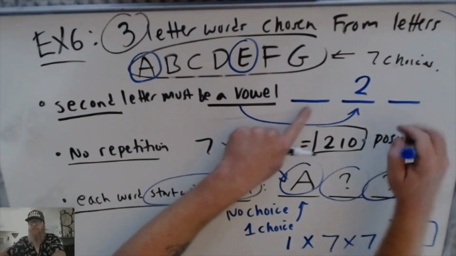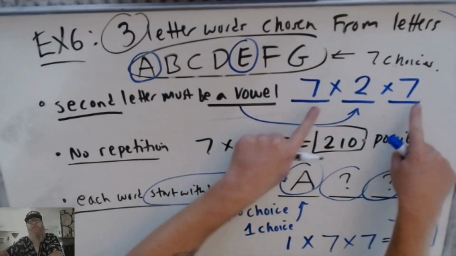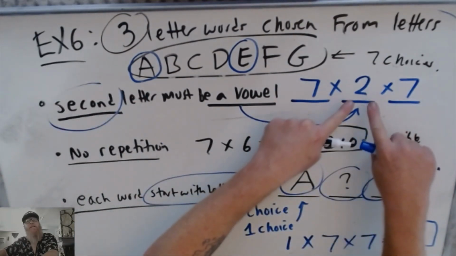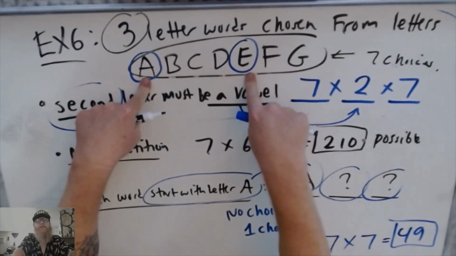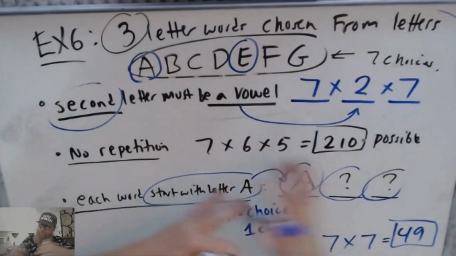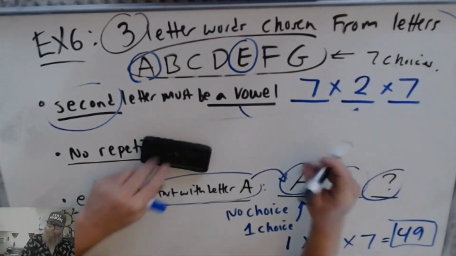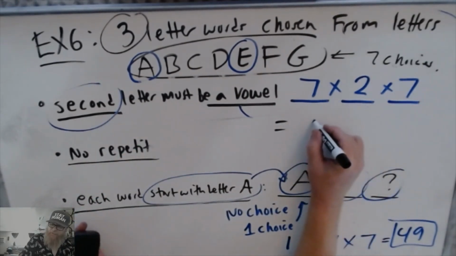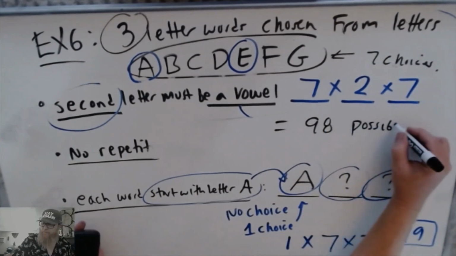The first and the last letter, I still have 7 choices for the first and the last, but the second letter, I've only got 2 choices, A or E. 2 choices. So that would be 98. 7 times 2 is 14. 14 times 7 is 98 possibilities.